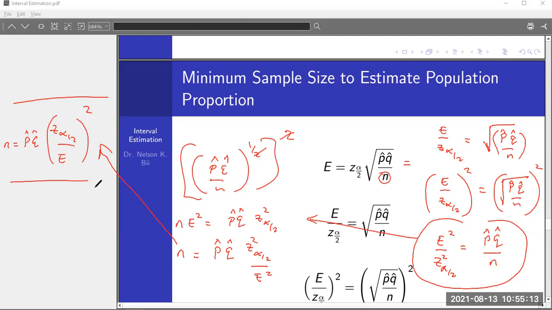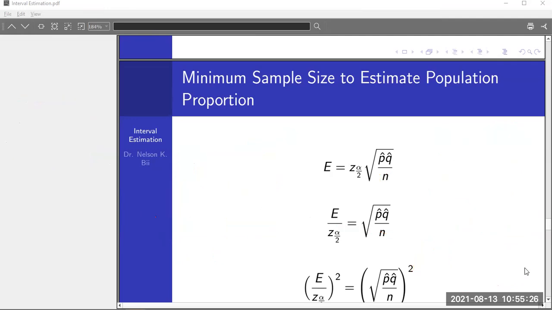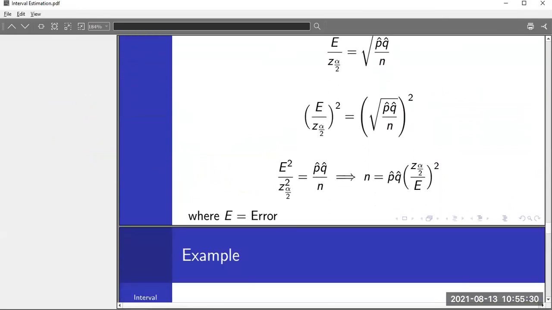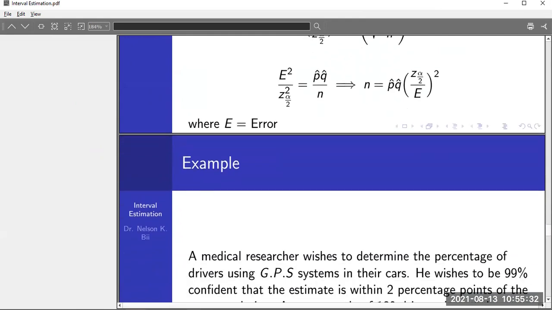Or you can get the amount of the error for a given value of the sample size, the proportions P and Q, and the level of significance. I hope that is clear. So E is the amount of the error.